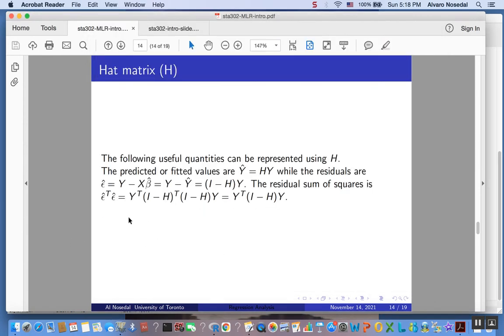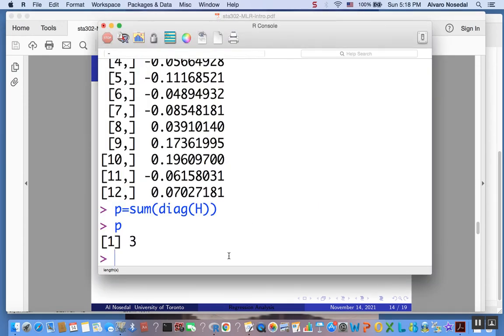It's just this: y transpose times I minus H times y, divided by, in this case, n minus 3. So let's just write down that multiplication, and then we're going to compare with the built-in functions that R has.